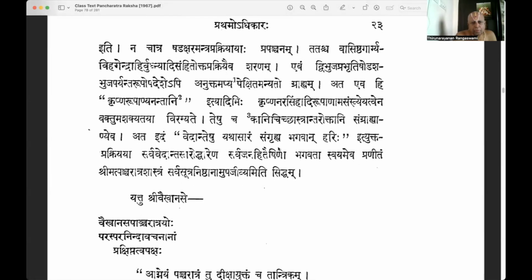So we are going through the first chapter, Prathamaha Adhikaraha. So the previous verse is finished, and then thus, iti means thus. Nacha atra shadakshara mantra prakriyayaha prapanchanam.